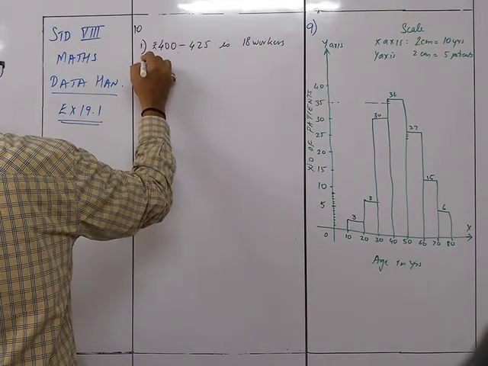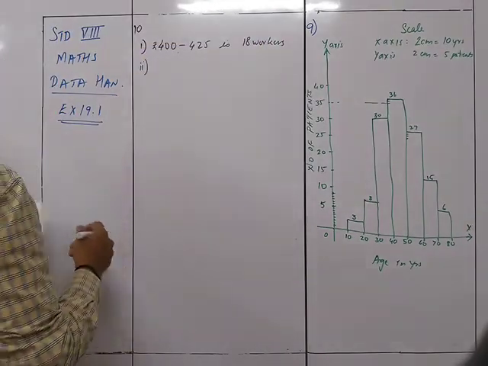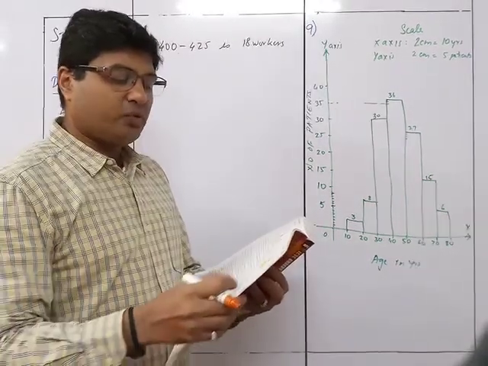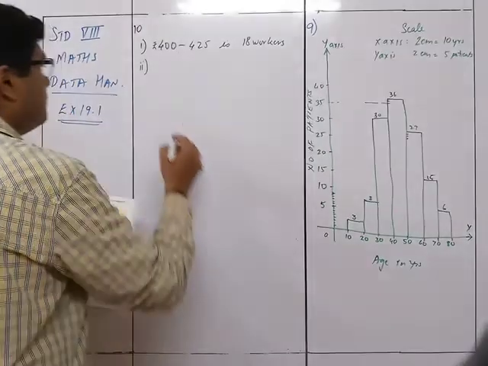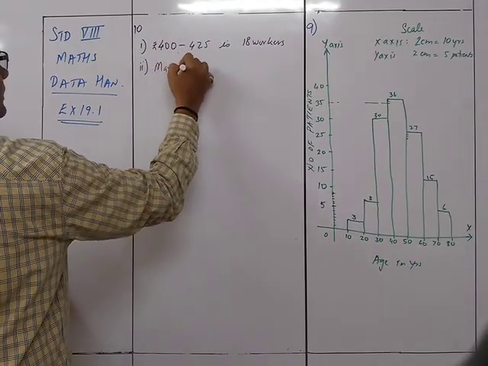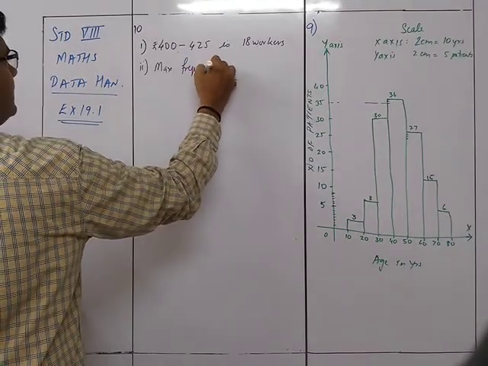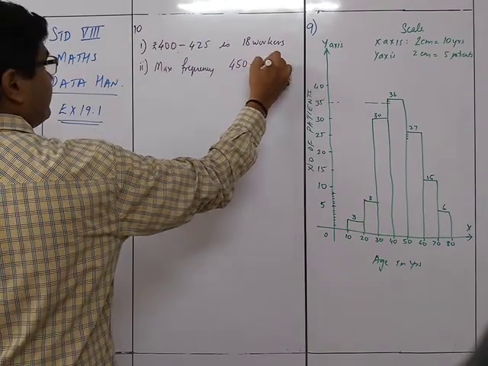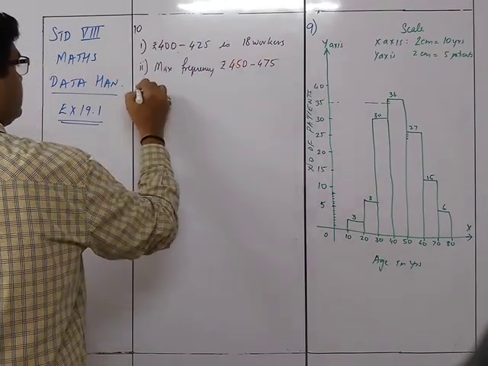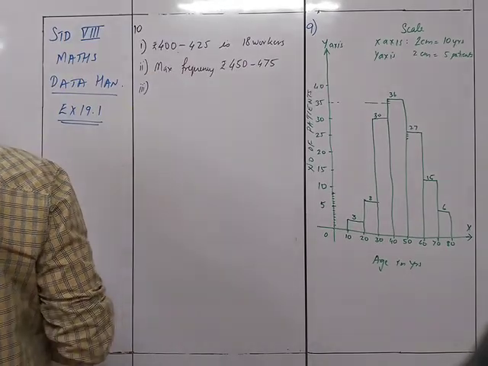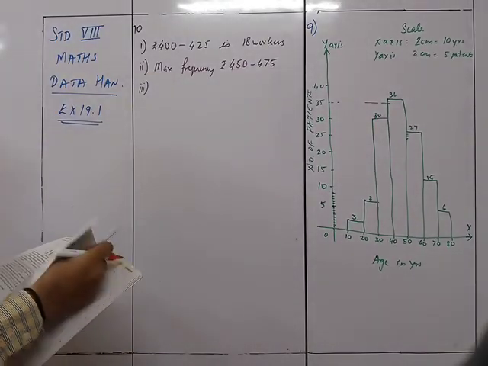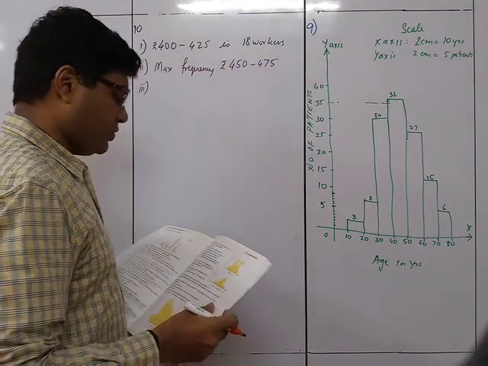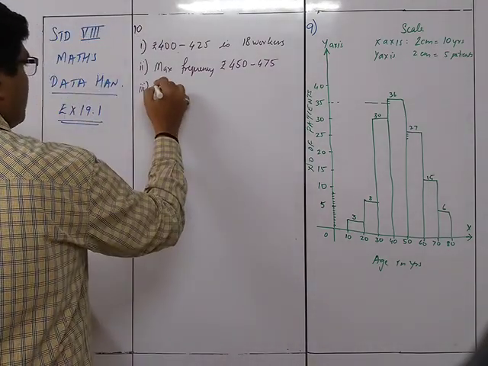The second one is, what is the class having maximum frequency? The maximum frequency is of 20, that is 450 to 475 rupees. Third one, how many workers get more than 425 rupees?